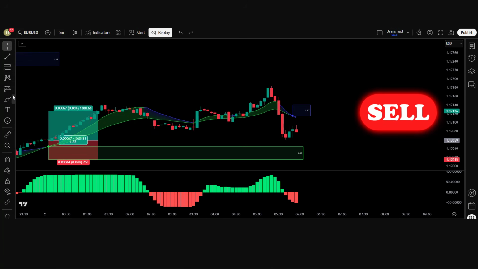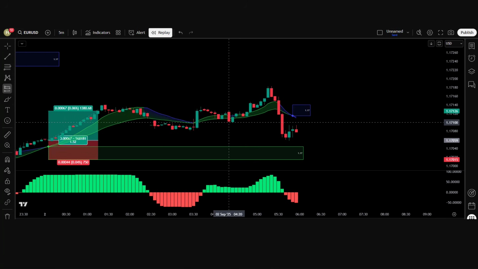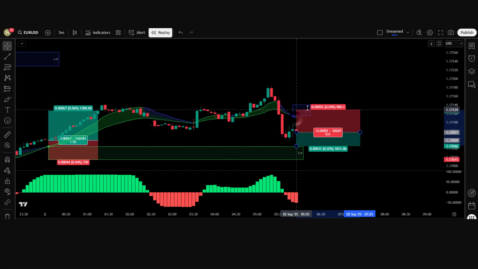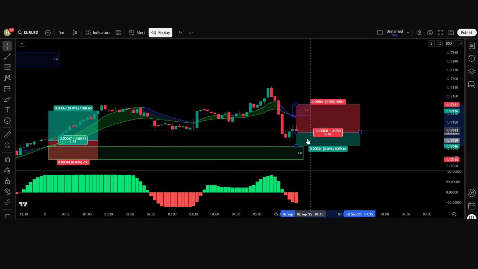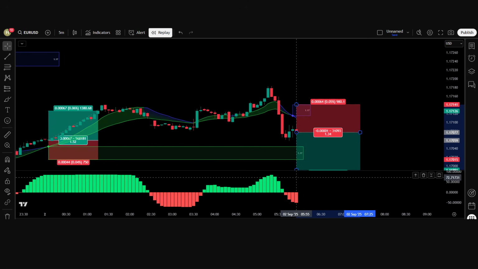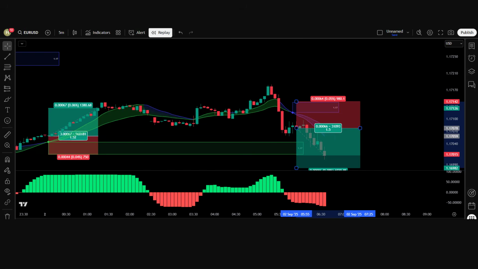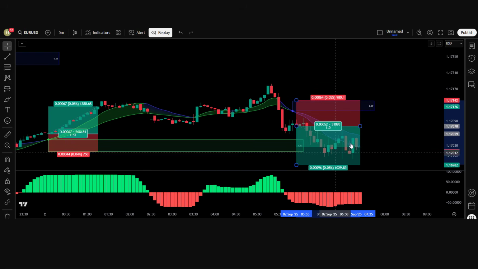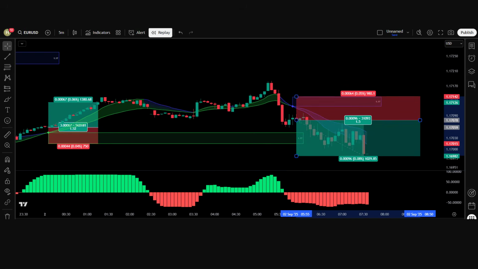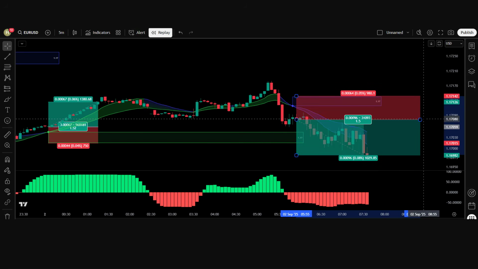If this condition is fulfilled, then we will place a sell order. Place your stop loss at the price of the blue trend shift point, with a 1 to 1.5 risk-reward ratio. The market has completely hit the target.